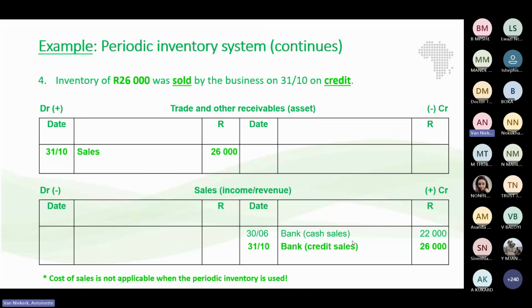We are now only recording the new transaction that we are adding to the same account. So yes, your sales account, which is income, and like the gentleman said, that falls under your equity account, which will also increase, will be credited. And I again just give a note saying cost of sales is not applicable.